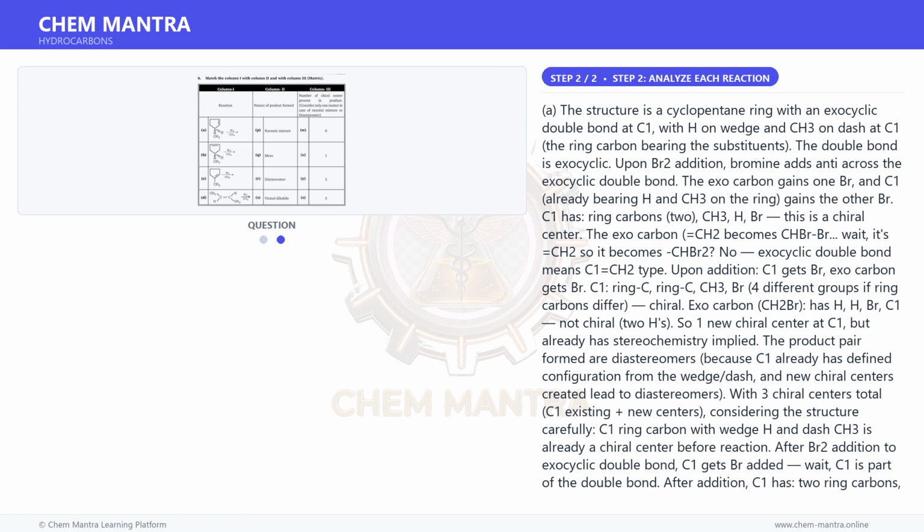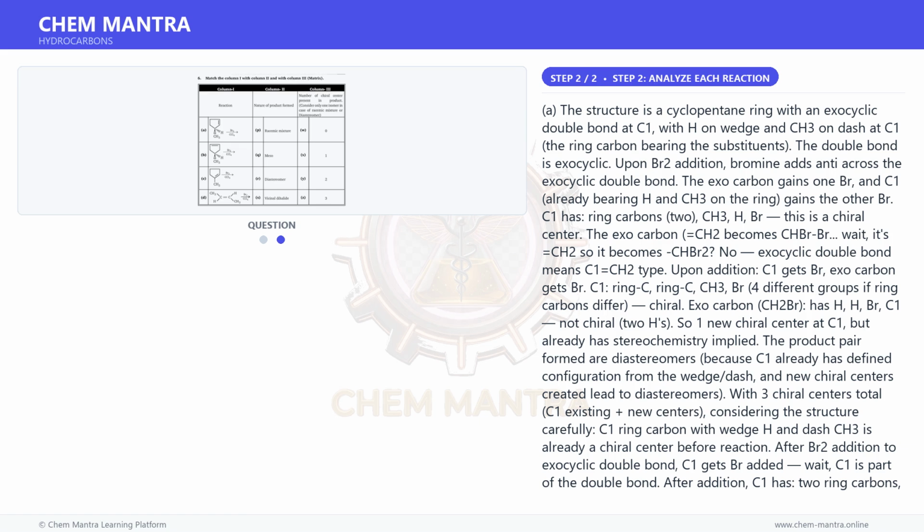C1 now has H, CH3, Br, and 2 ring carbons, C2 and C5 of cyclopentane. If C2 is not equal to C5, the ring is not symmetric here, C1 may or may not be chiral. The existing stereocenter is maintained. Overall, diastereomers form, vicinal dihalides, S, 3 chiral centers, Z.